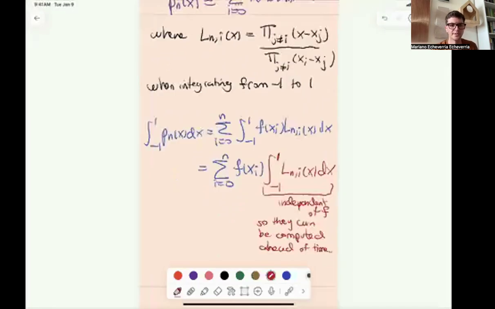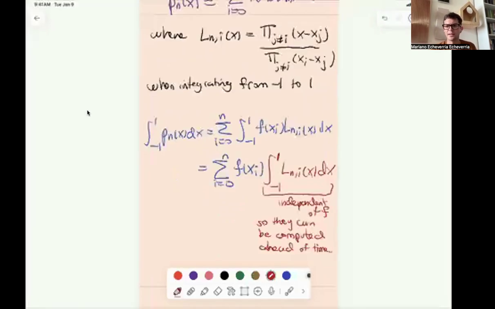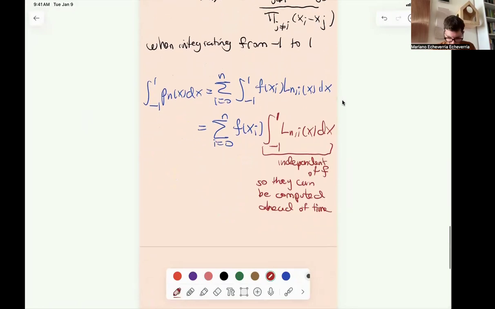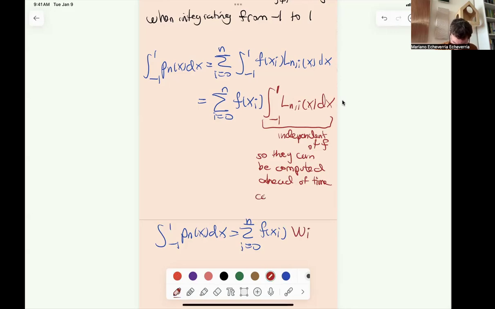And so from that perspective, you can write the integral of the polynomial in a nicer way, as the sum from 0 to n of the values of the function at xi times these numbers, which I'll call wi, for weights.